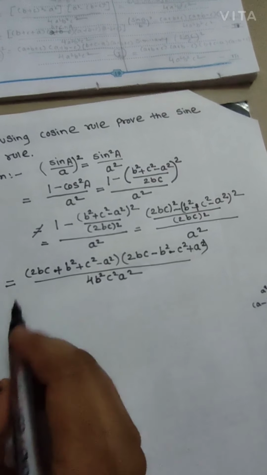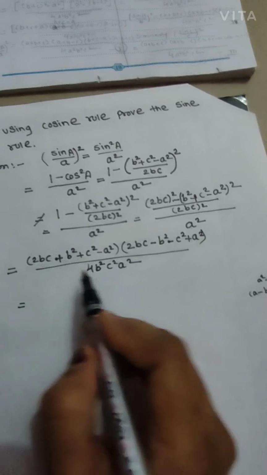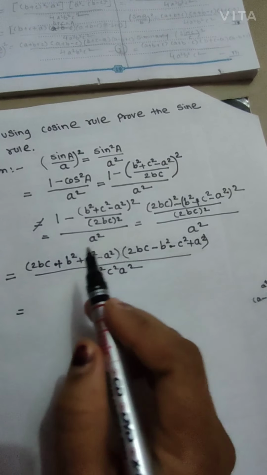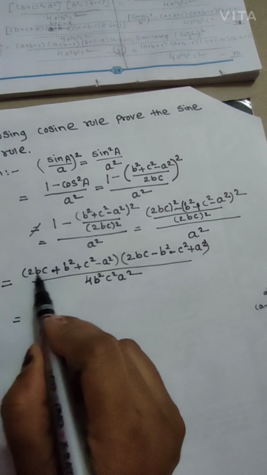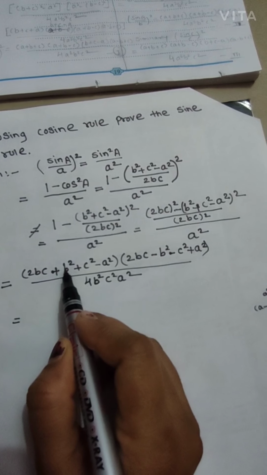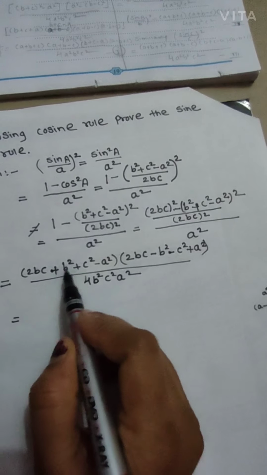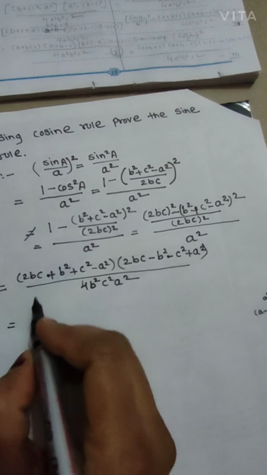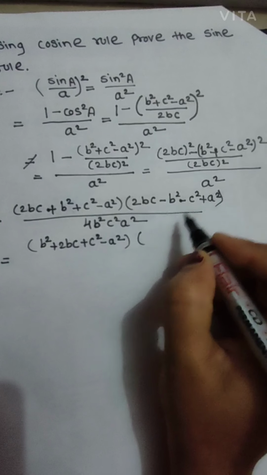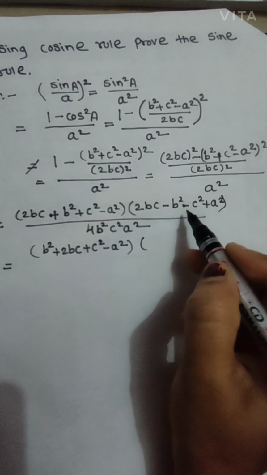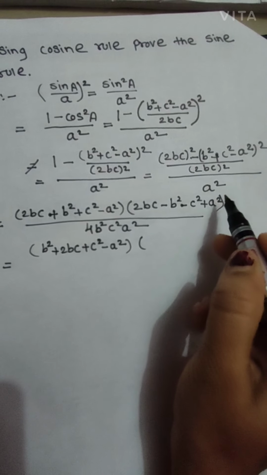Now see, we have terms like a square plus 2ab plus b square. If we take b square plus 2bc plus c square, then we will get b plus c whole square. Now the second bracket: 2bc minus b square minus c square plus a square.